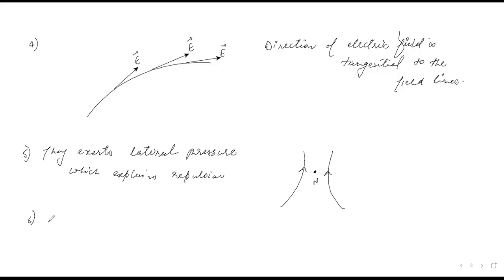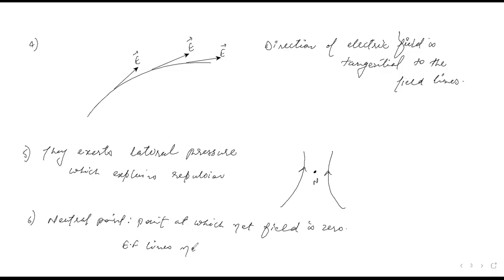Please also write down about the neutral point, at which the net field is 0. Electric field lines never cross the neutral point. Note it down, please.